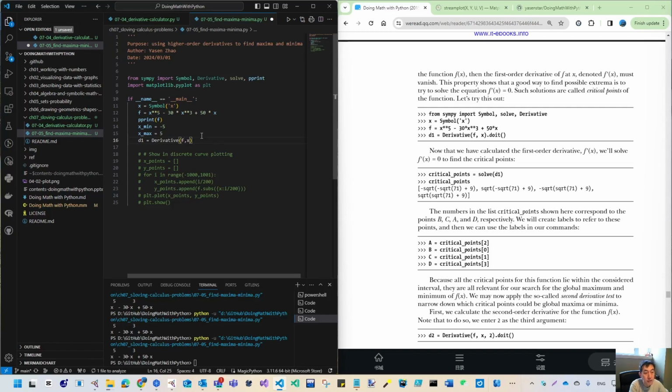Remember here we missed this third argument, but by default it gave us 1. And then we put this critical. So let's write critical points equal to solve d1, and we can print d1 and print critical point.